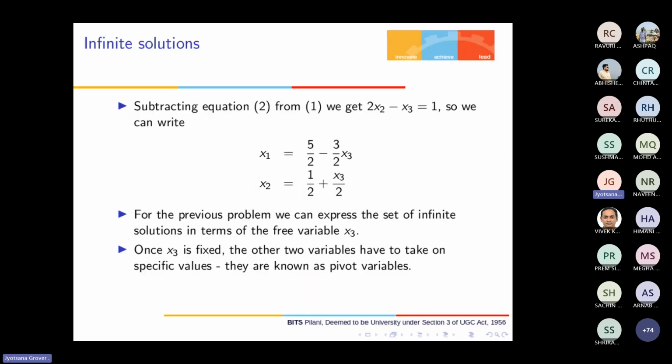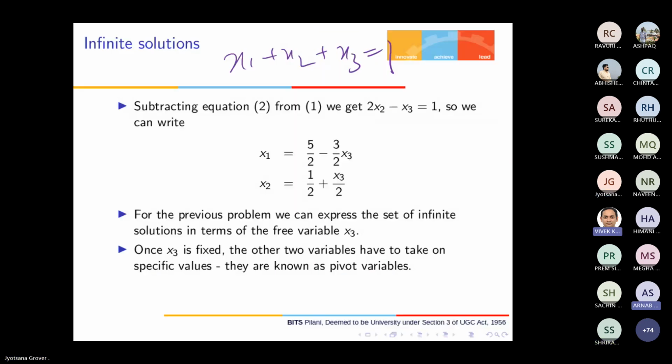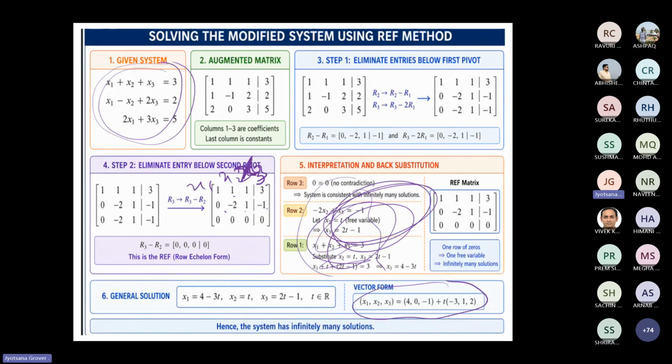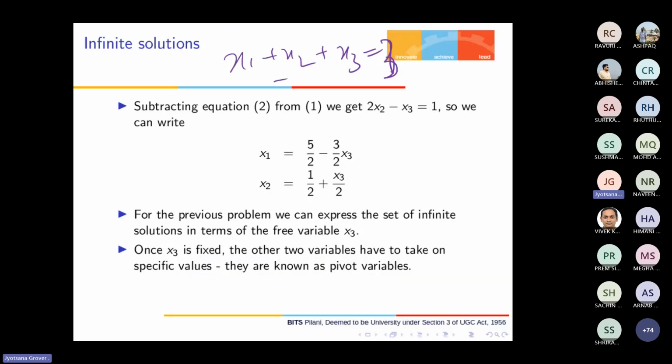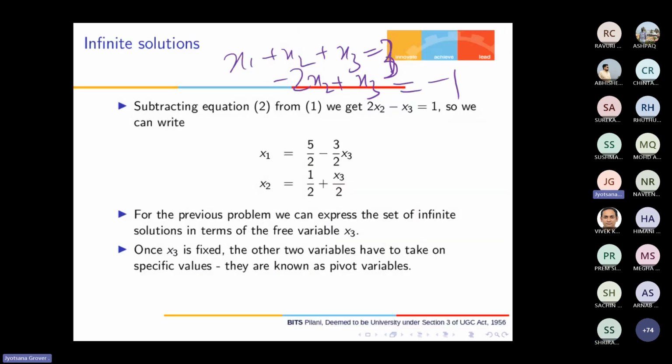Then minus 2x2 plus x3 is equal to minus 1. So you say, okay, let's put x3 as a free variable.